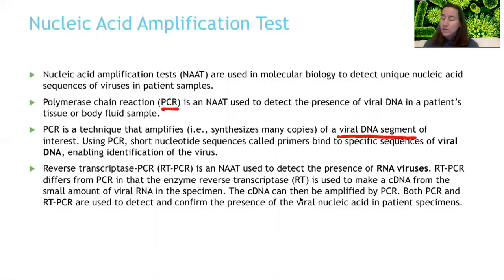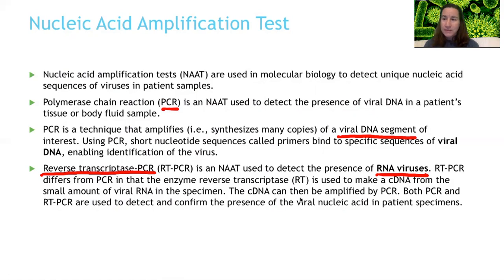Or we could do the reverse transcriptase, where if it's a virus, we said viruses could use DNA, or viruses may also have RNA. So if we got RNA, we can use reverse transcriptase PCR, RT-PCR, which is what we're using to test for coronavirus right now. And that can look and see, do we have RNA present in this virus?